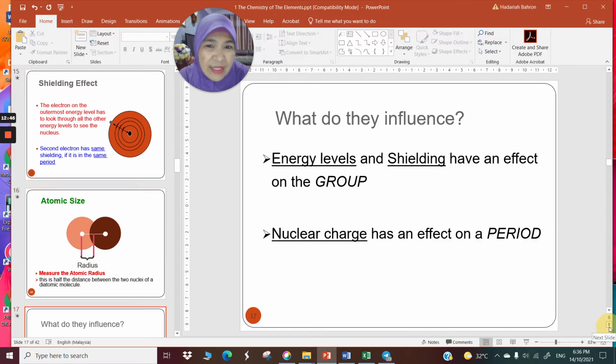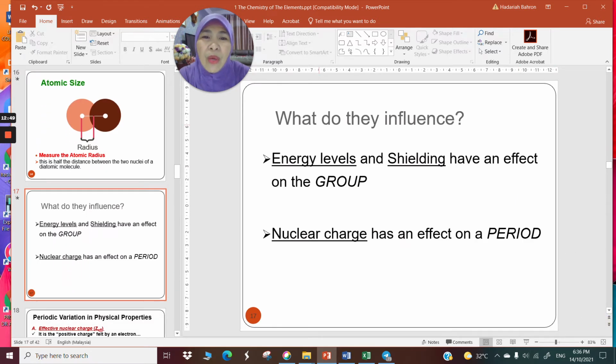Okay? And what do these factors influence in terms of periodicity? Energy level and shielding have an effect on the group. Nuclear charge has an effect on a period. Now remember, the group is the vertical arrangement of elements in the periodic table, whereas the period is the horizontal arrangement of the elements in the periodic table.